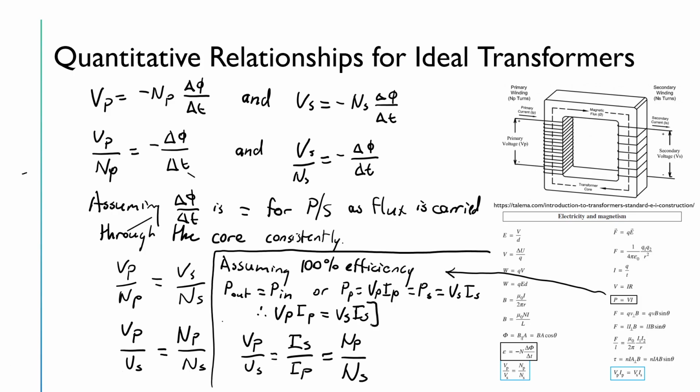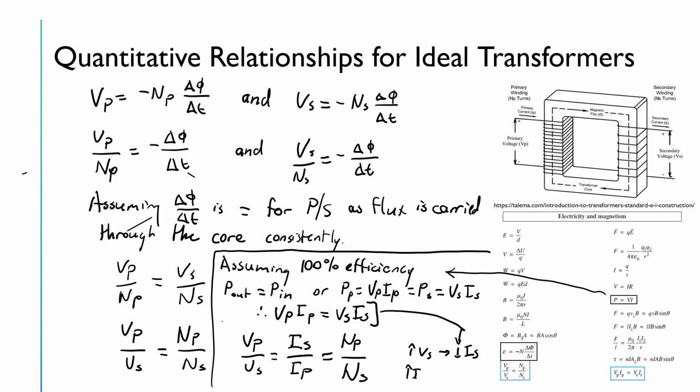The last thing that I want to share here is, if we unpack our power equation, or our version of the power equation which relates Vp, Ip, and Vs, a conclusion that we can make is that if we increase the voltage in the secondary coil, that's going to lead to a decrease in current in the secondary coil, and vice versa.